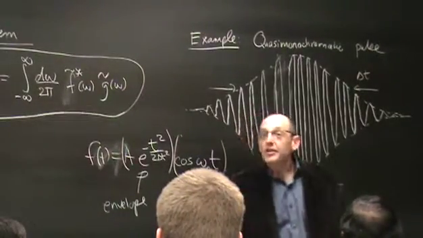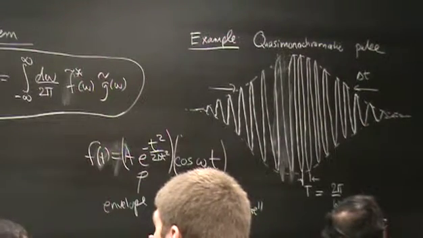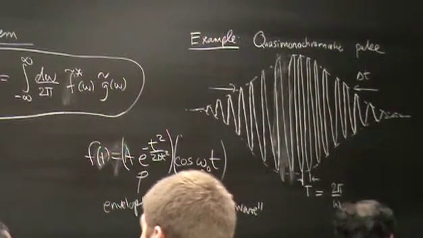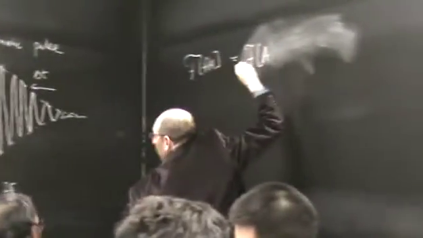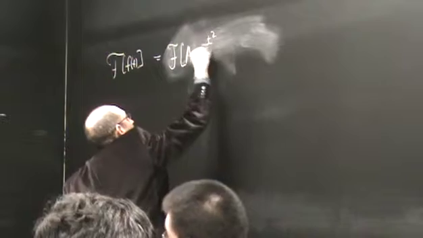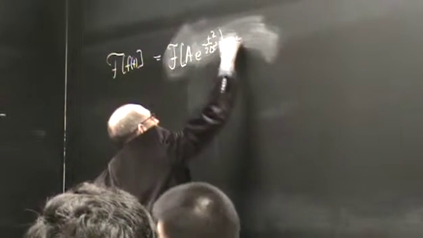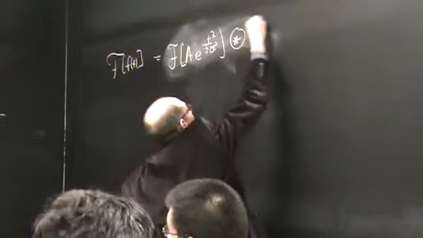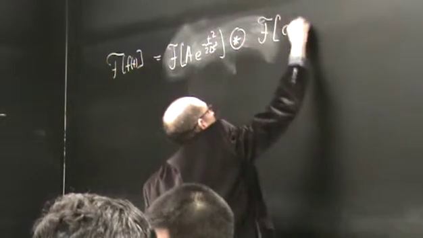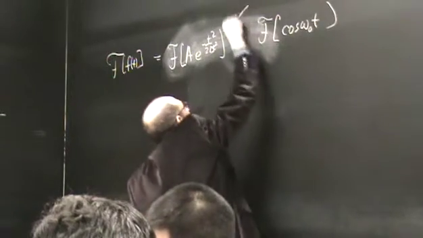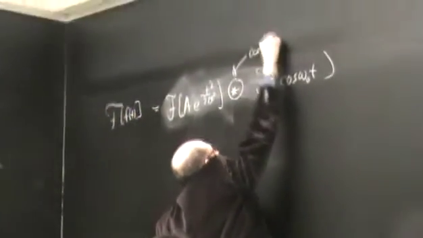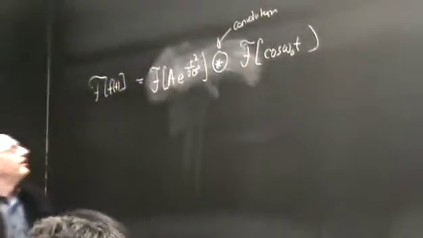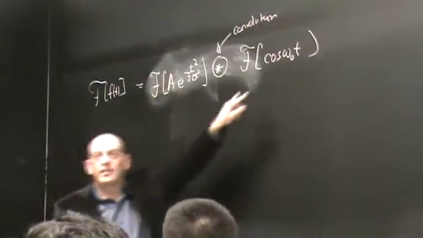There's a very simple way to do this, and let me just emphasize that fact. We can think about this as the product of two functions and use the convolution theorem. So the Fourier transform of the product is the convolution. So I need to convolve the Fourier transform of this with the Fourier transform of that.